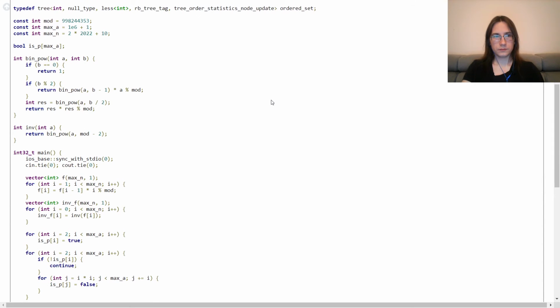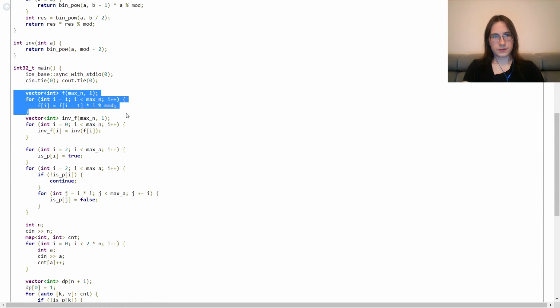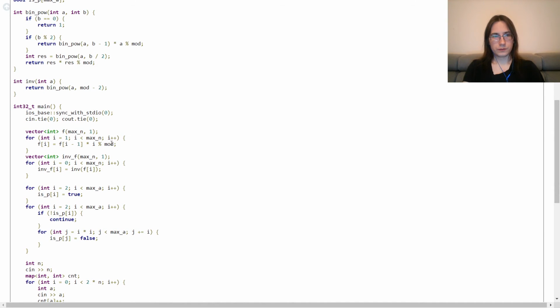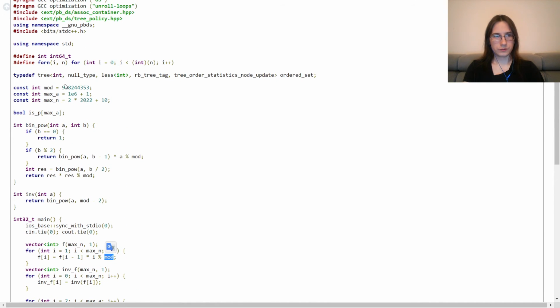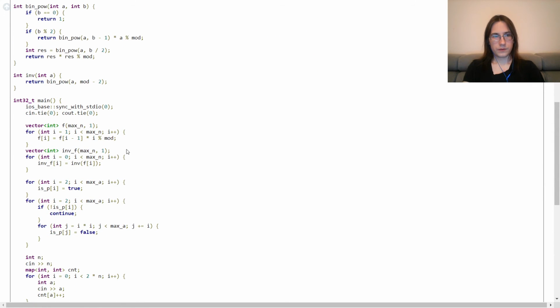Okay, so the first thing I do is find all the factorials up to maximal n, modulo the given modulo. Then I find the inverse factorials.